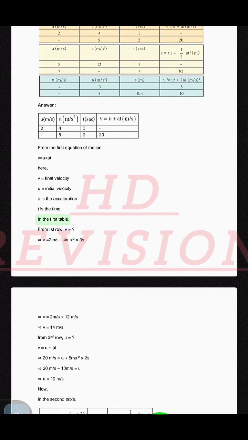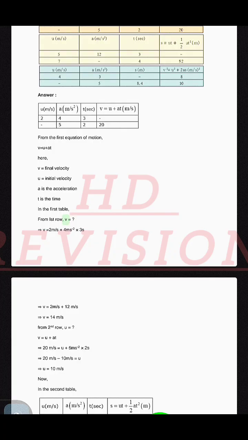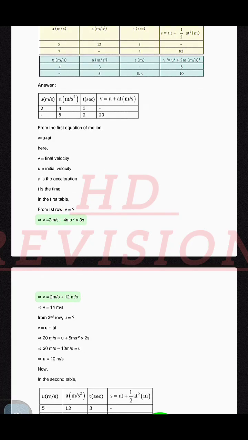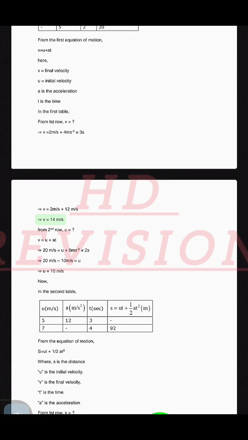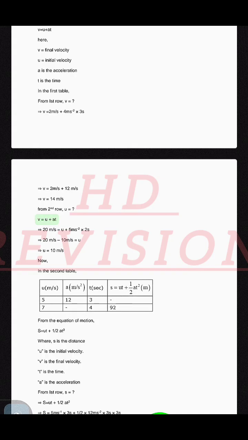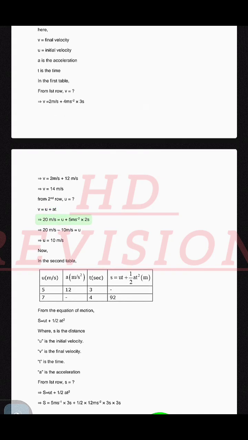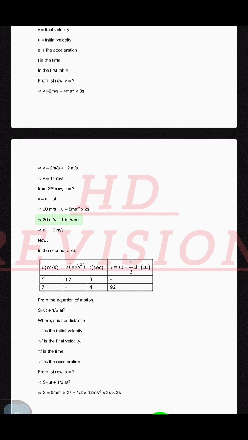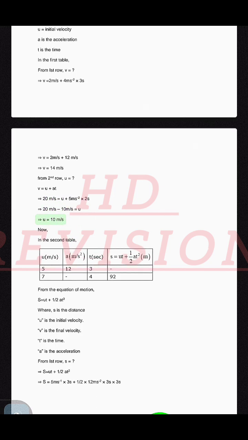In the first table, from the first row, v equals 2 plus 4 m/s² times 3 s, v equals 2 m/s plus 12, v equals 14. From the second row, v equals u plus at, 20 equals u plus 5 m/s² times 2 s, 20 minus 10 m/s equals u, u equals 10.